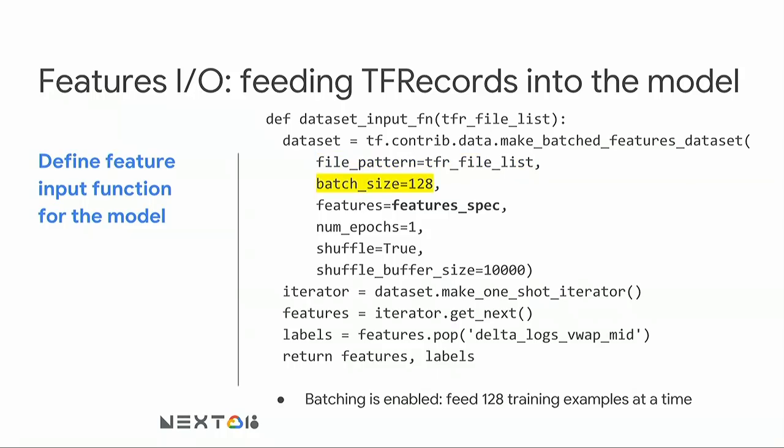Then batch size. So here we set it to 128. What does this mean? It means that the training examples are going to be passed to the model not one by one, but all together in batches. And each batch is going to have 128 training examples. When you feed training examples to the model, it generates predictions, and the loss is computed for the difference between predictions and actual correct answers.